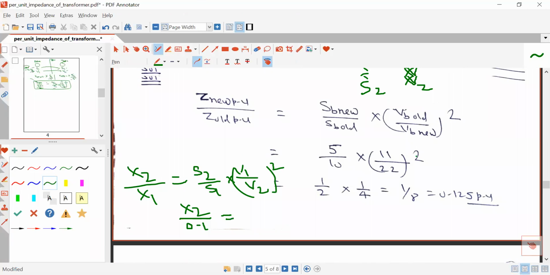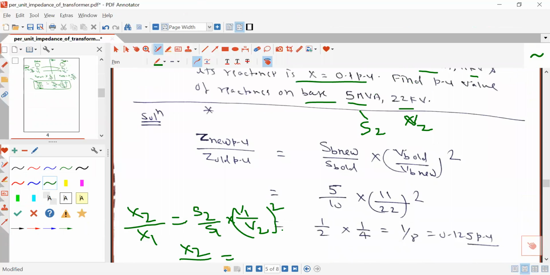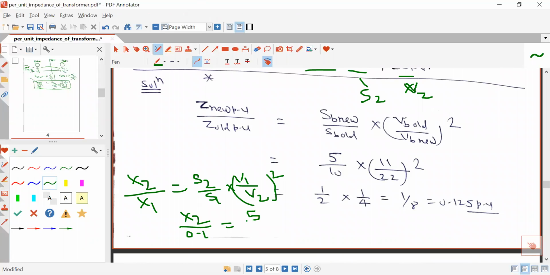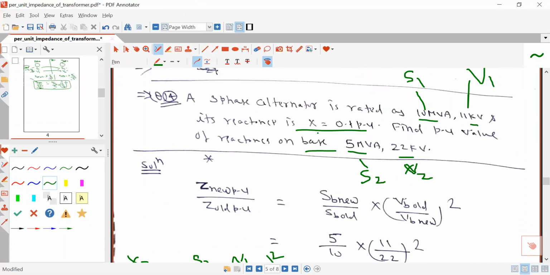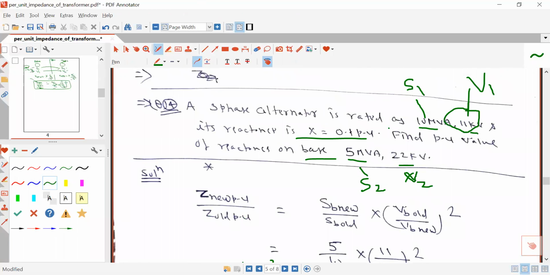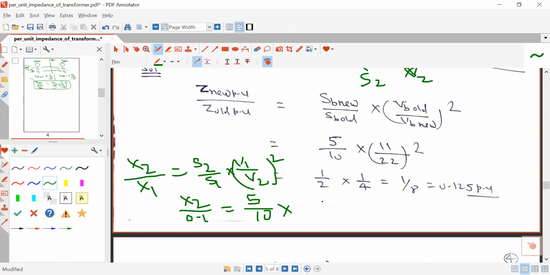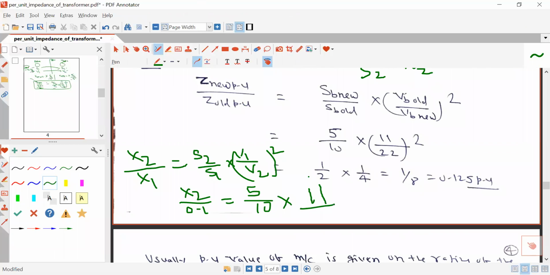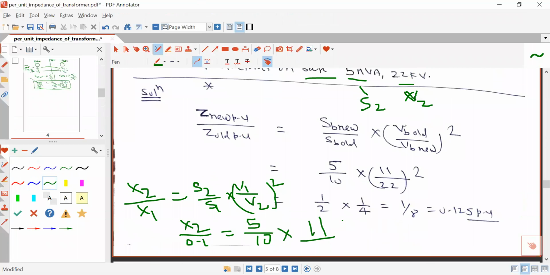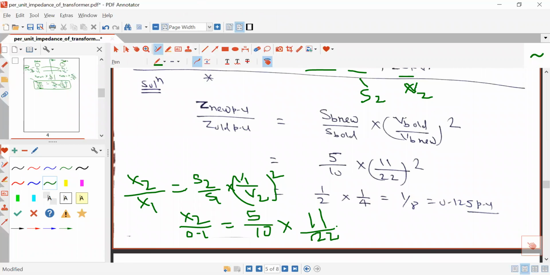S2 is the new base at which you want to calculate the reactance, and S1 is given as 10 MVA. V1 is the old base voltage at which the reactance is given, which is 11, and V2 is the new base at which you want to calculate. So in this way you can find the reactance under the new base. You can calculate the value of X2 here.